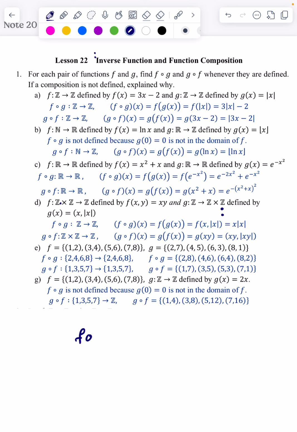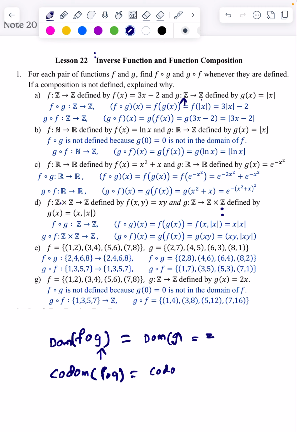For any composite function, the domain is nothing but the second function's domain. So the domain of f circle g equals the domain of g, and the domain of g is given as Z. The codomain of the composite function f circle g equals the codomain of the first function f.